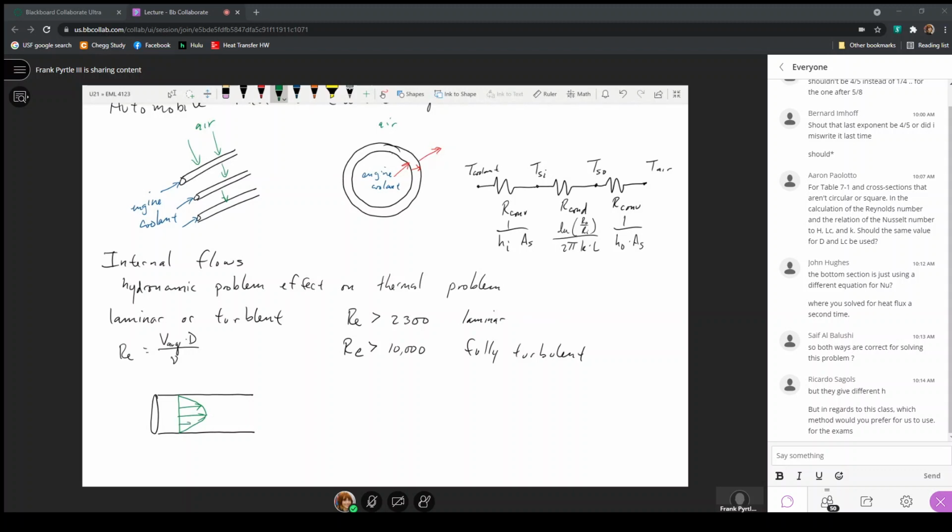Due to the no-slip condition, the velocity would be 0 at the radius of the pipe.